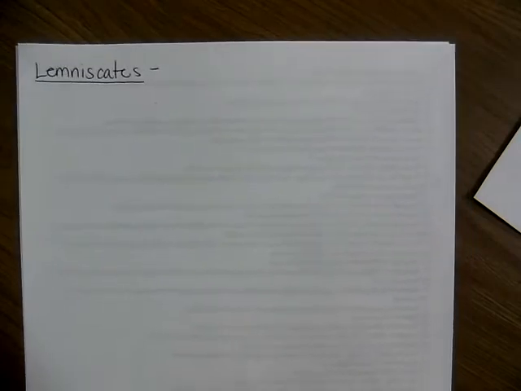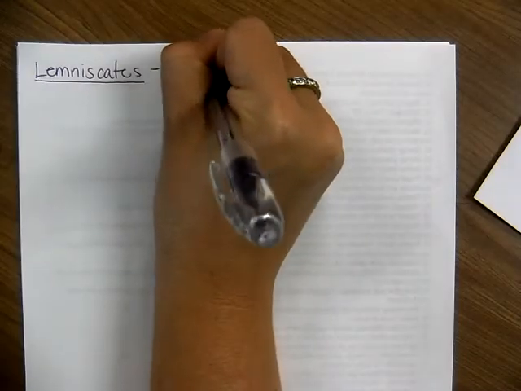So the last type of polar graph is a lemniscate. These graphs look like figure eights.